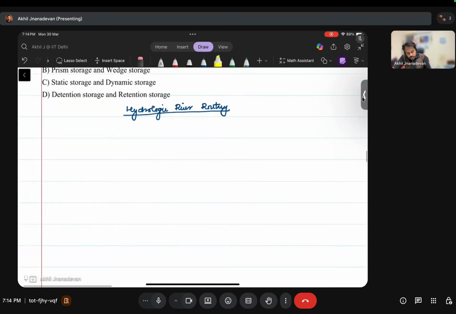What are they? So we can take an example of three cases.